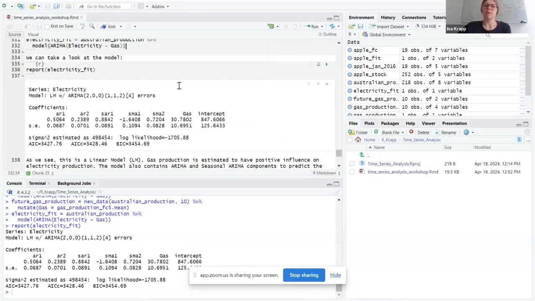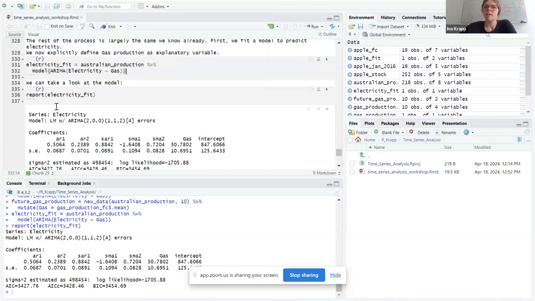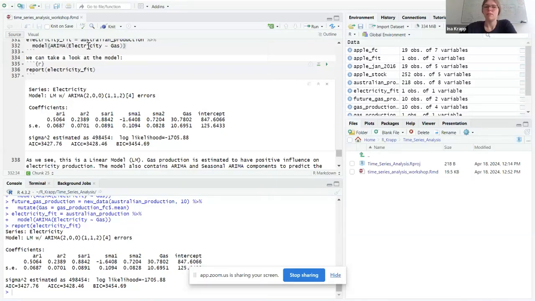We can take a look at this model as well. We see again it is fairly complex. It now has the type LM with ARIMA. So we now have a linear model, a linear regression, where we try to model electricity based on gas production.